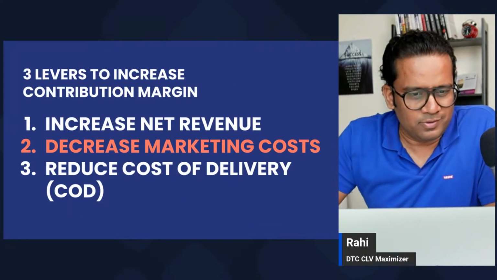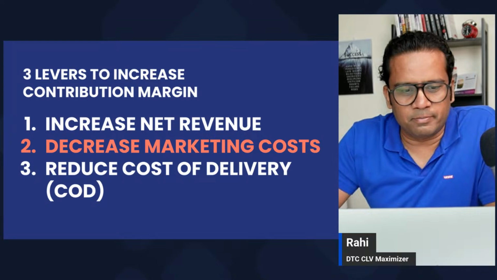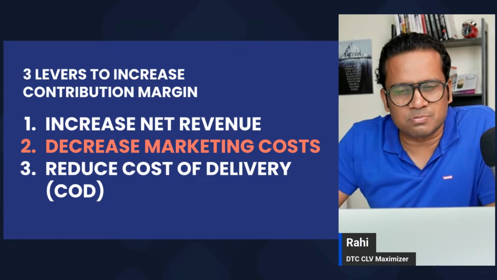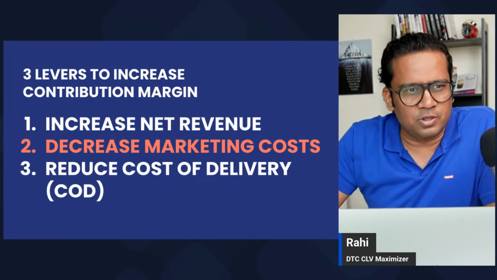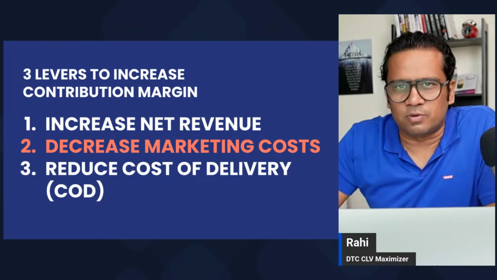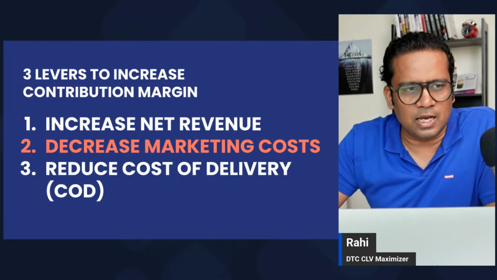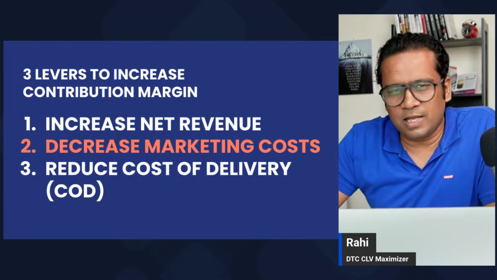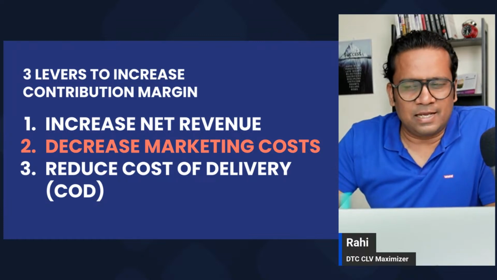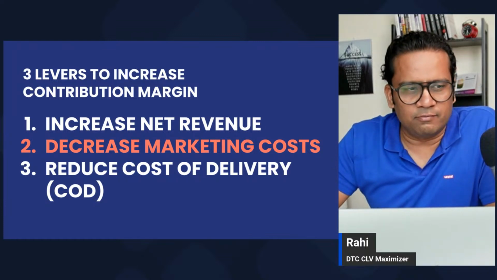What we discussed: net revenue, decrease marketing cost or increase marketing efficiency ratio, and third, reduce cost of delivery. So those are the three contribution margin levers. If you can get hold of that, you will make profits.